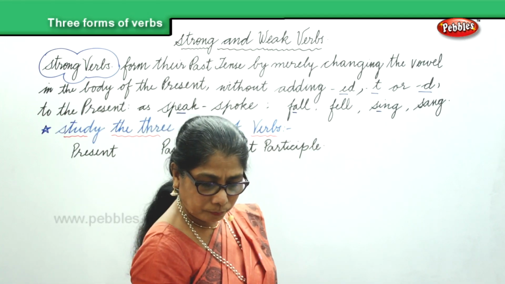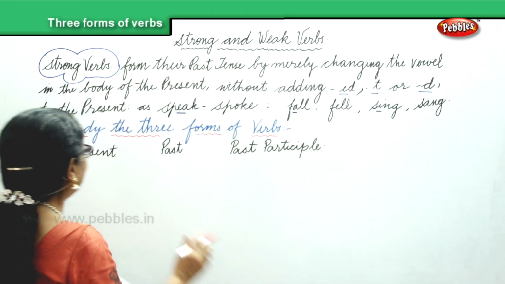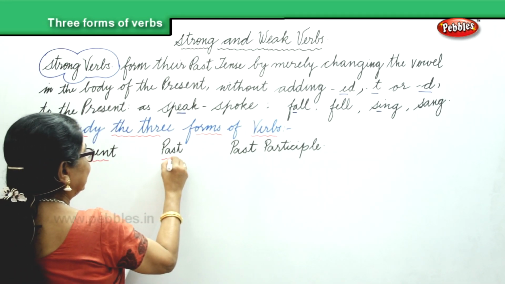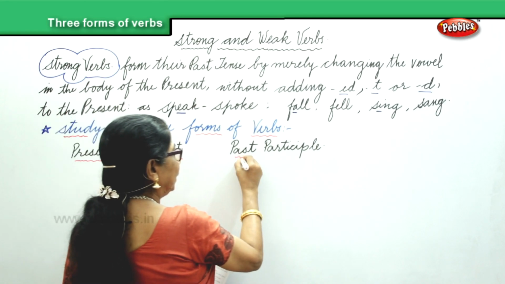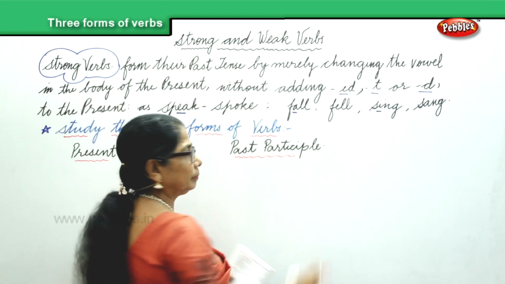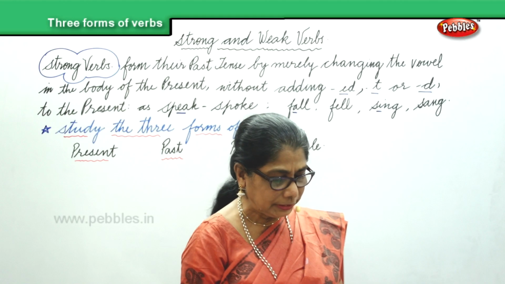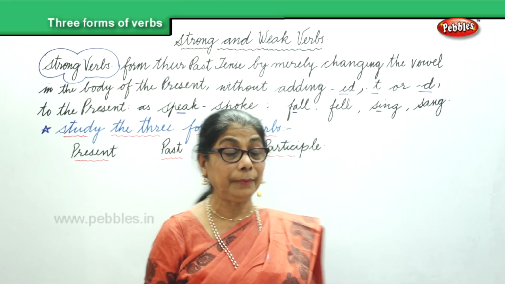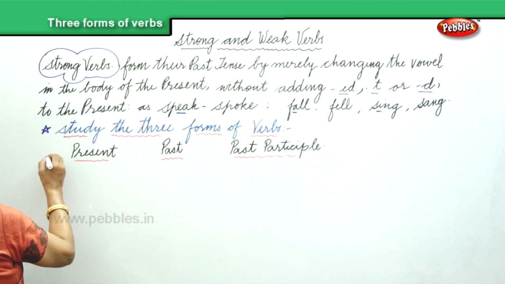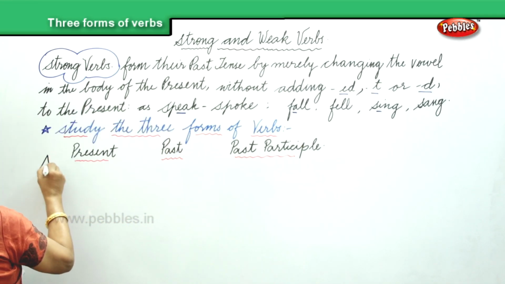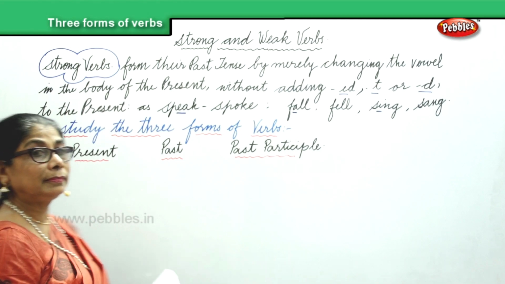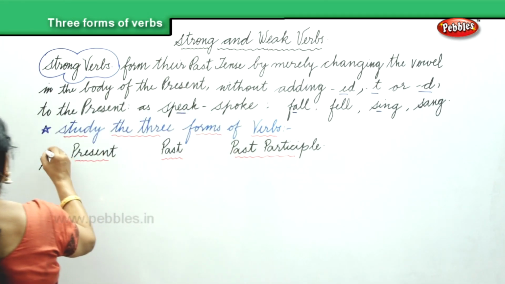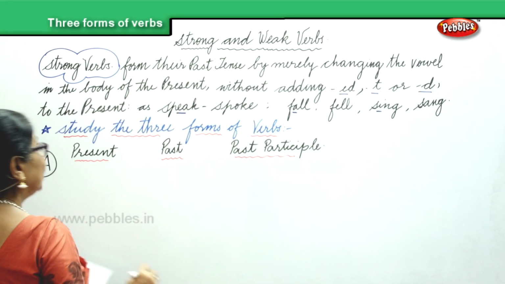So first we have present, then the past, then the past participle. And the first of its kind, I said we are going to do in alphabetical order, so I'll just put capital A here and then we are going to go through.